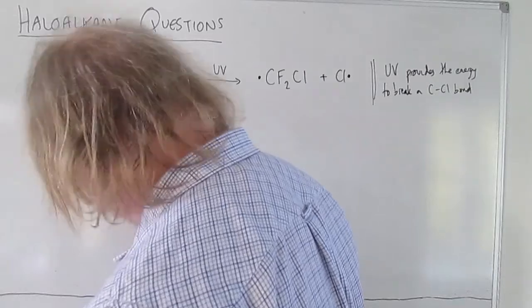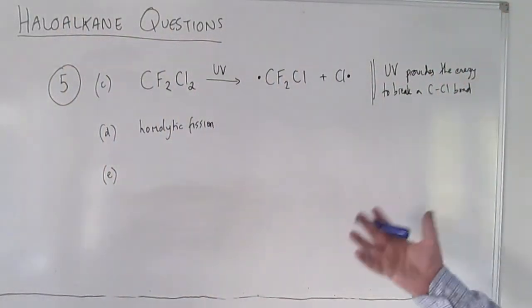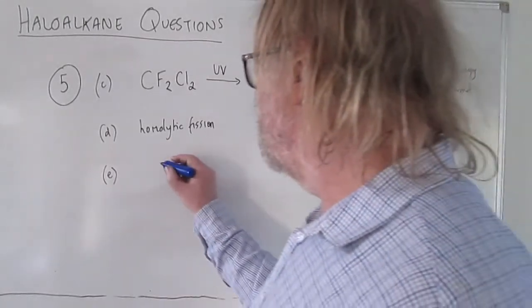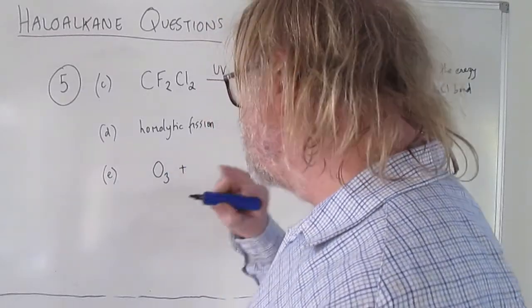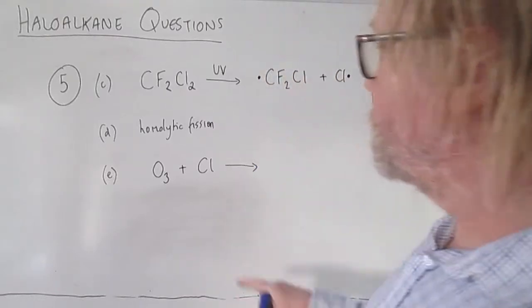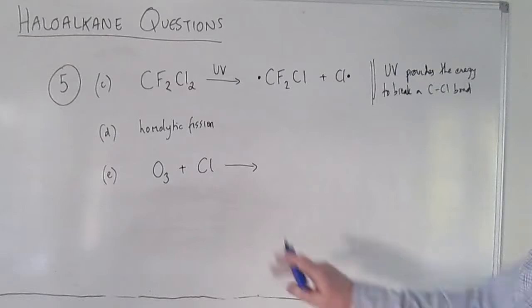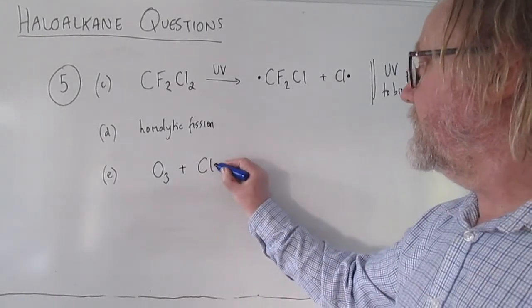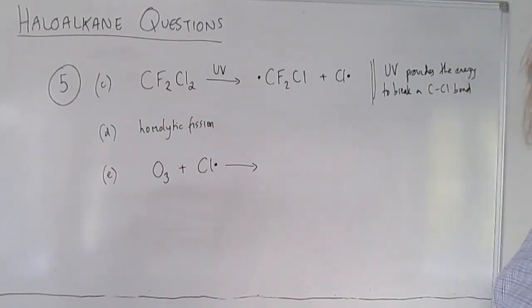Okay, so then it wants a pair of equations to show how those chlorine atoms set about attacking the ozone. So this you really want to learn, because you can't very easily make this up. So remember from when we did radical substitution that what these radicals tend to do is to grab one atom out of the molecule that they crash into.